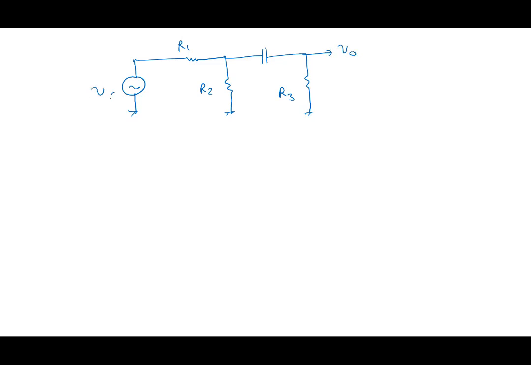Suppose we were to plot V0 by Vs. What will it look like? V0 by Vs, again the magnitude in dB. How will it look? R1, R2, C, R3, all these resistors there, but one capacitor is there. How will it look?